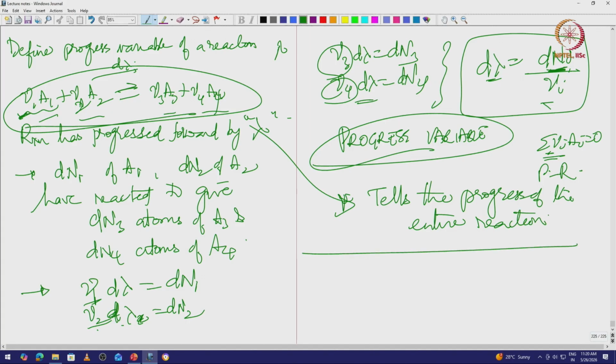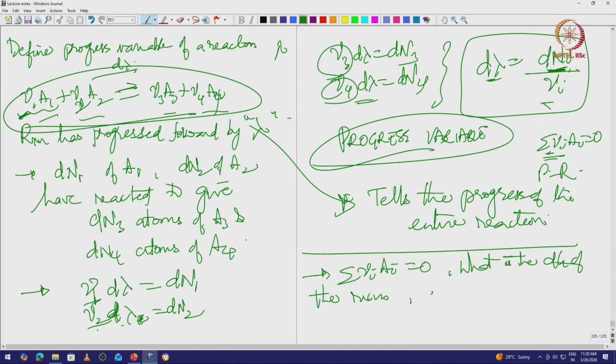Okay. All right. Now, let us go back to this reaction and let us ask the question, what is the dG of this reaction? And you know where I am getting at.